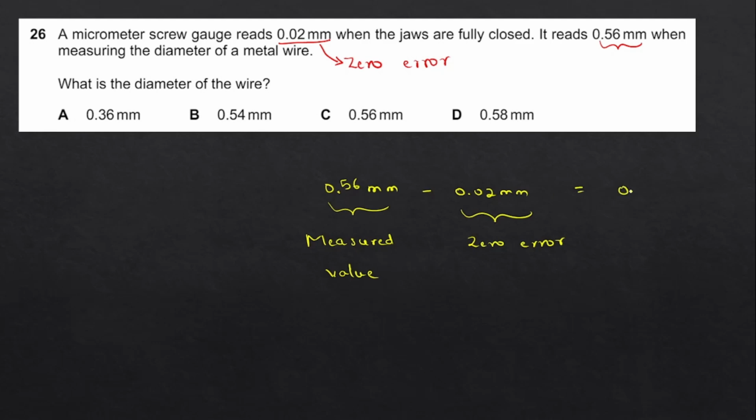So this will give us 0.54 millimeter, and that will be the actual diameter of the wire. So this is the actual reading or actual value. So the correct answer is option B.